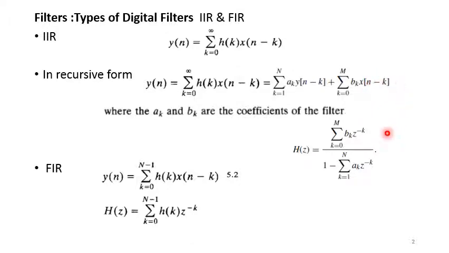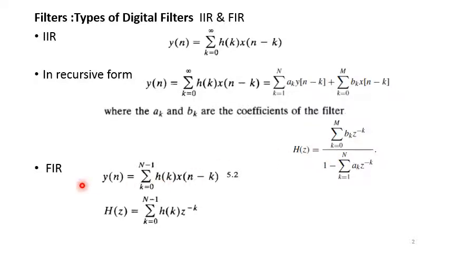The resulting system function for the IIR can be written as H(z). You take the z transform of this and you get the resulting expression. I hope you are quite familiar with this expression, because we have done this many times before, so it shouldn't be a surprise for you.